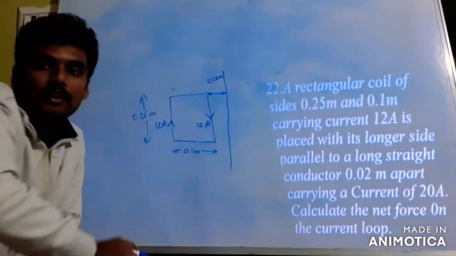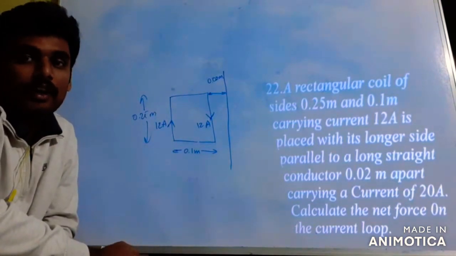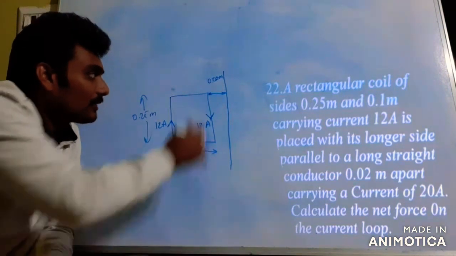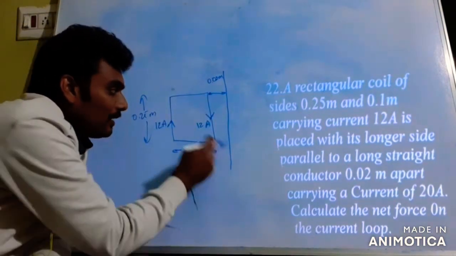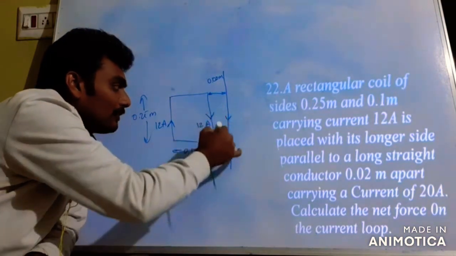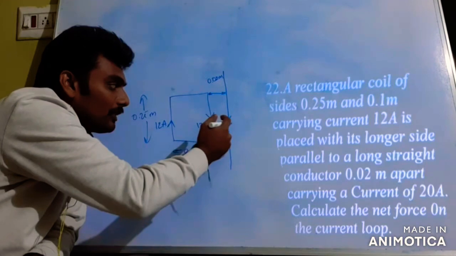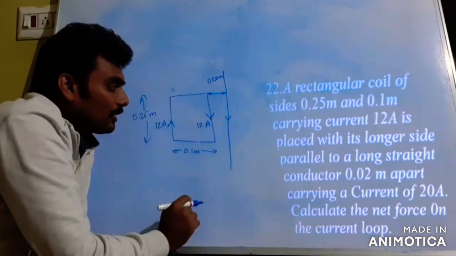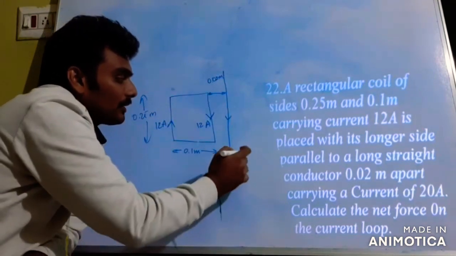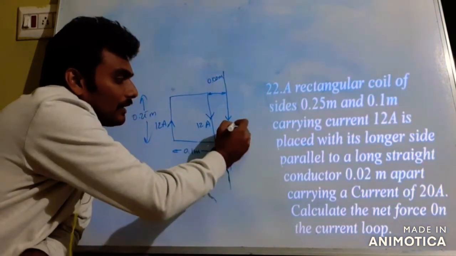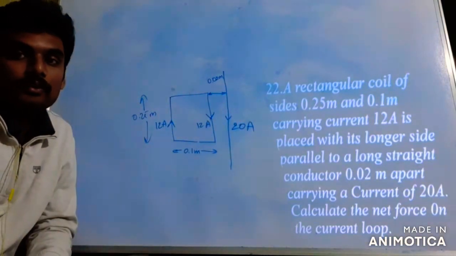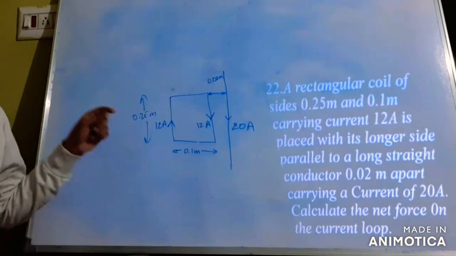From here to here. And this is parallel to this, which means the direction of current would be the same as of the nearby end of the rectangular coil, and this long straight conductor carries a current of 20 ampere, right?